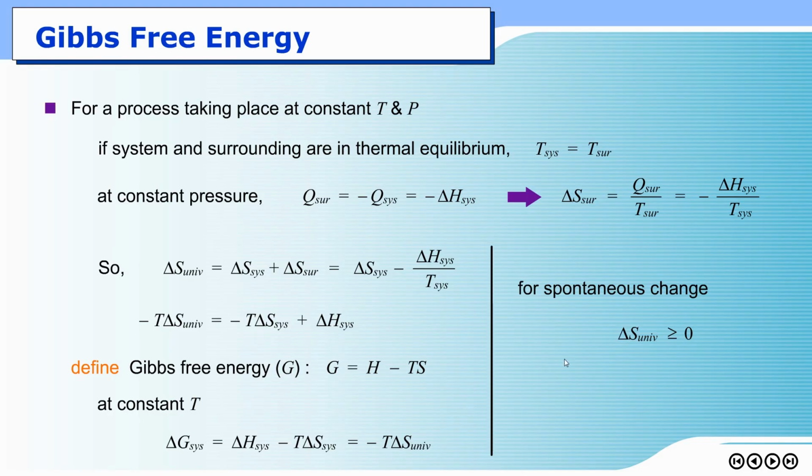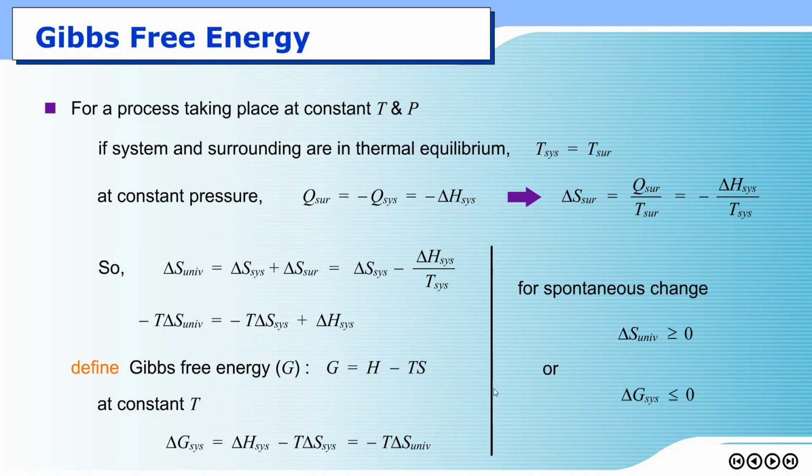According to the second law, the process will be spontaneous when delta S of the universe is greater than or equal to 0. If it is greater than 0, the process is spontaneous and irreversible. If it is 0, then it is reversible and spontaneous.